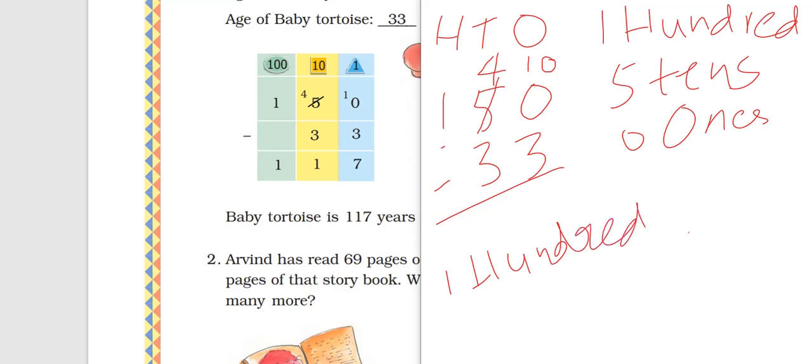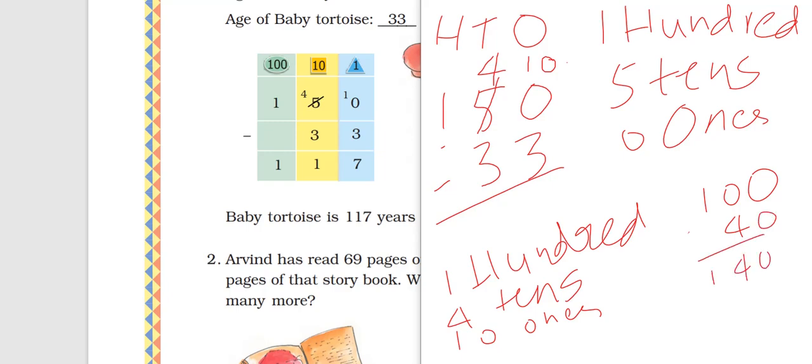Now you have 4 tens instead of 5 tens earlier, and 10 ones. So 100, 4 tens is 40, so we have 140, and we have 10 ones. So we still end up with 150, which is what we began with.